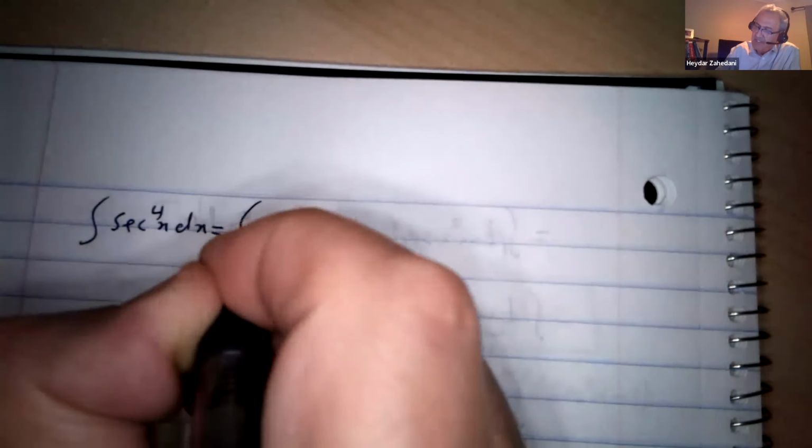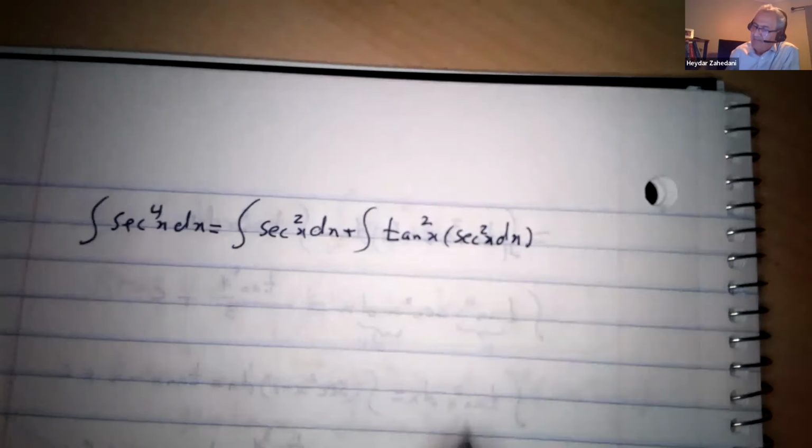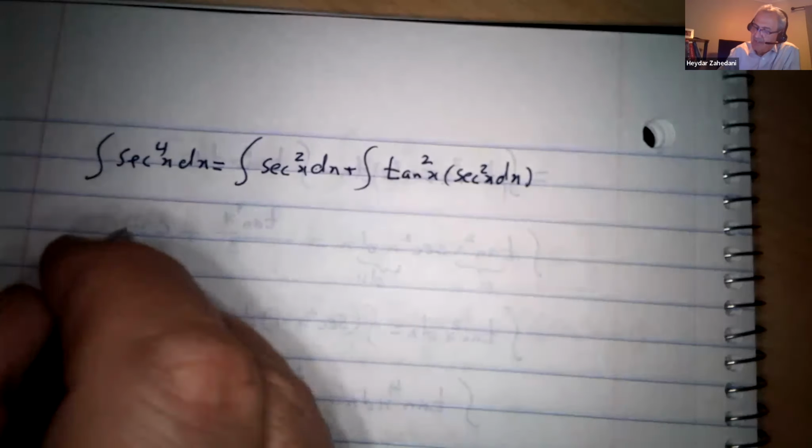So we break it into these parts. We break it into two integrals. I repeat, secant square dx plus tangent square of x, secant square of x dx. Now it can be done right away.